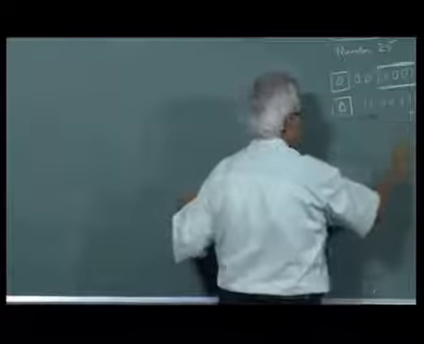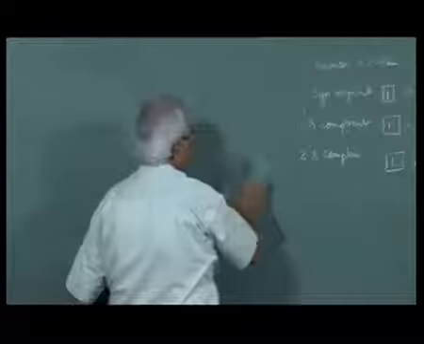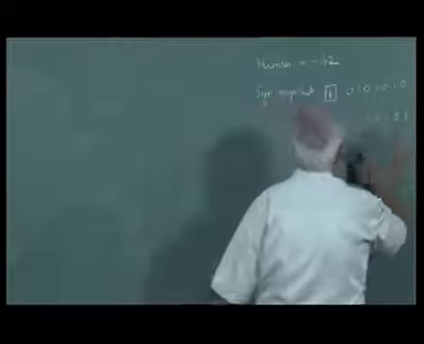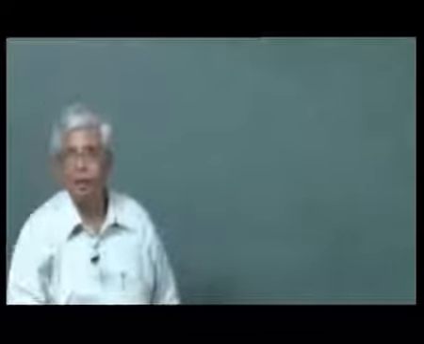All computers, calculators, microprocessors use 2's complement, not 1's complement. 1's complement was used long ago, not anymore. We are all modern people. I can't teach you old stuff. Okay, 6 and minus 5.